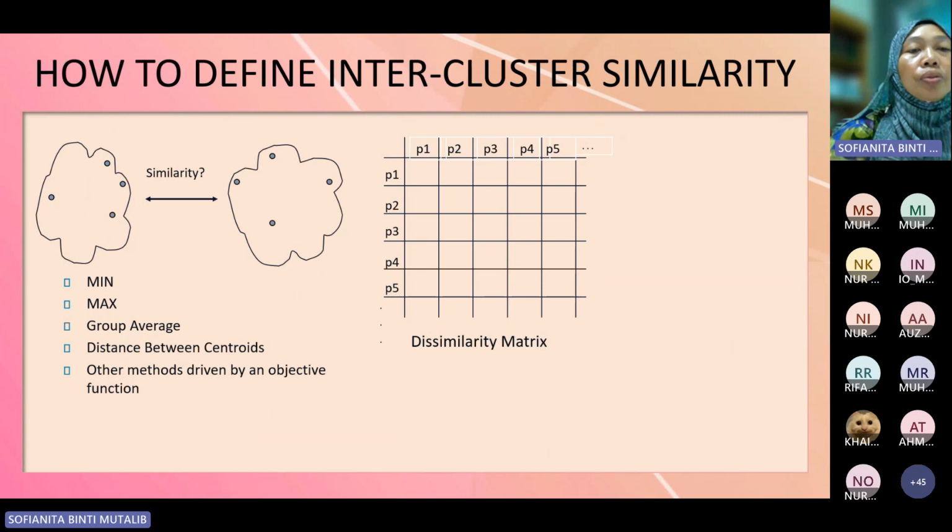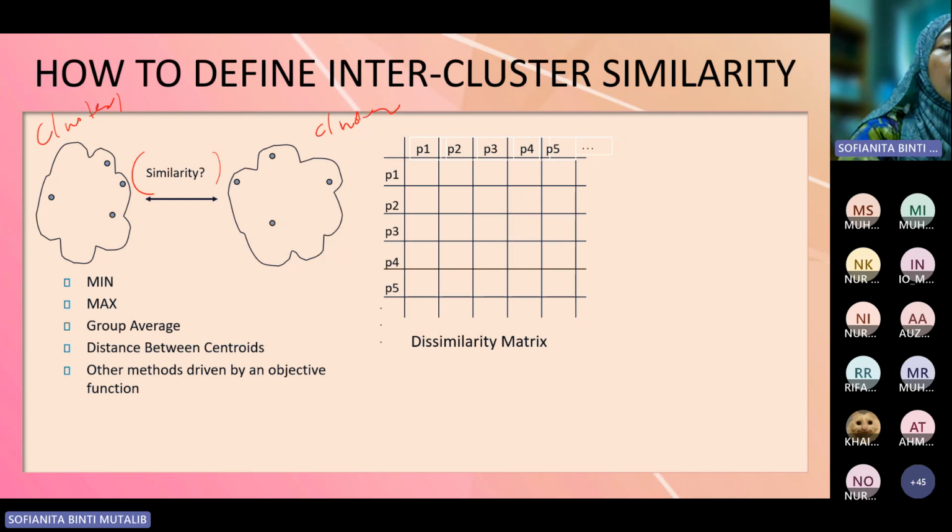Before we go to that, I would like to suggest that you understand how to define the inter-cluster similarity. So this is cluster 1, and this is cluster 2.